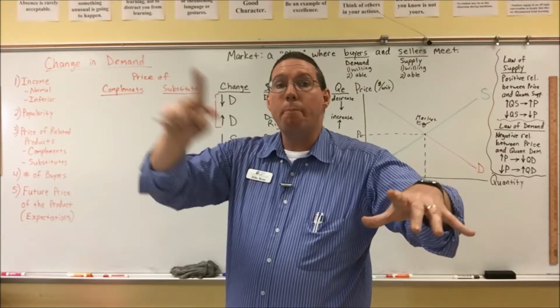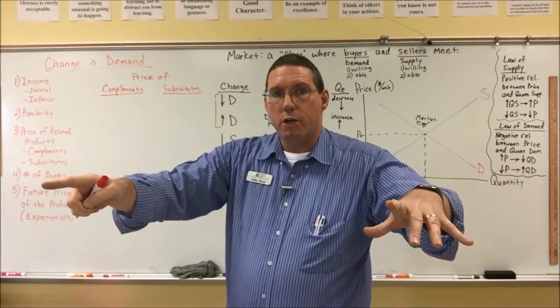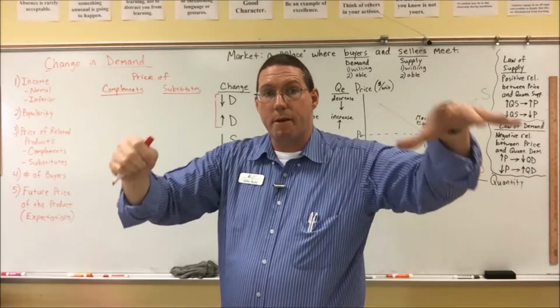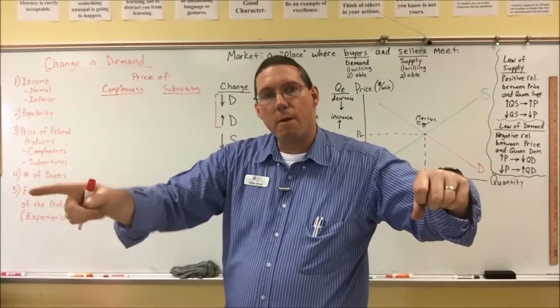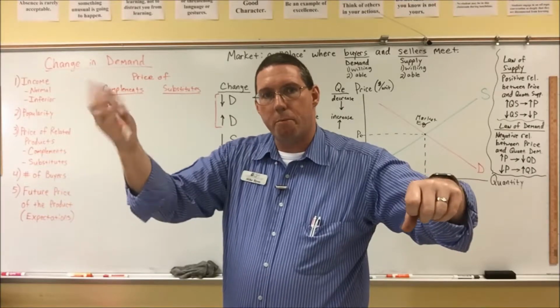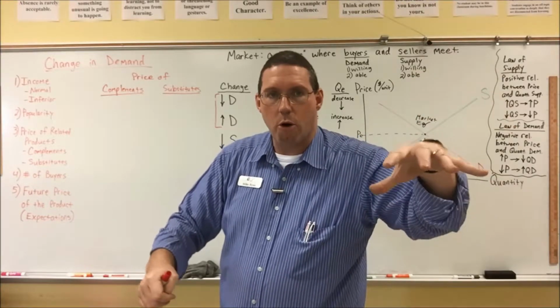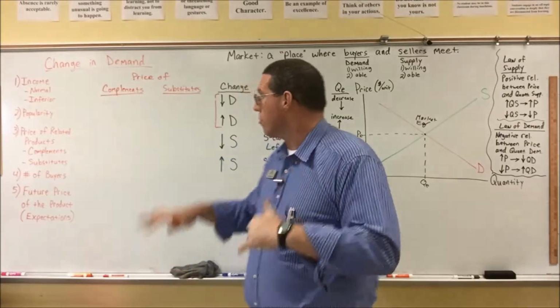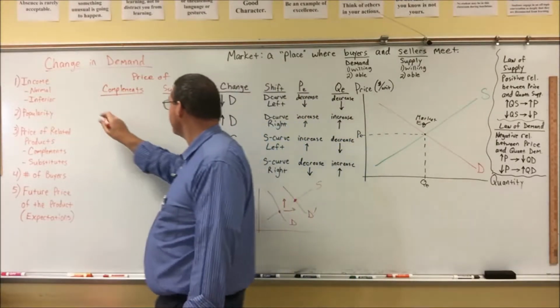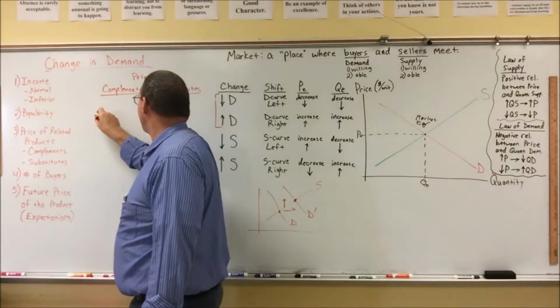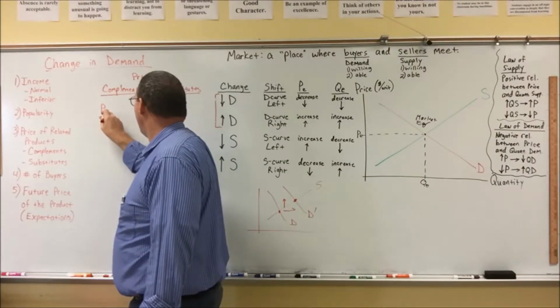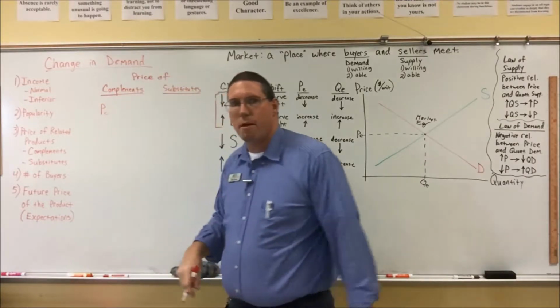When the complement good goes up in price, what's going to happen in our market? When the substitute good goes up in price, what's going to happen in our market? Let's start with the price of a complement. So I'll do P sub C.